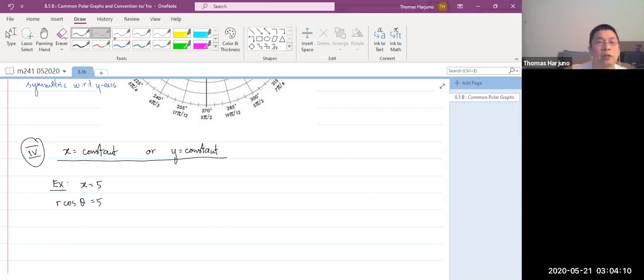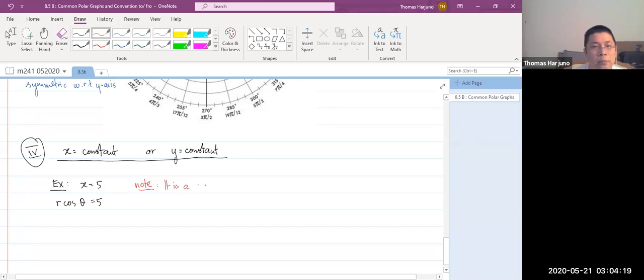Now, it is a custom to rewrite, if possible, a polar equation as r as a function of theta.